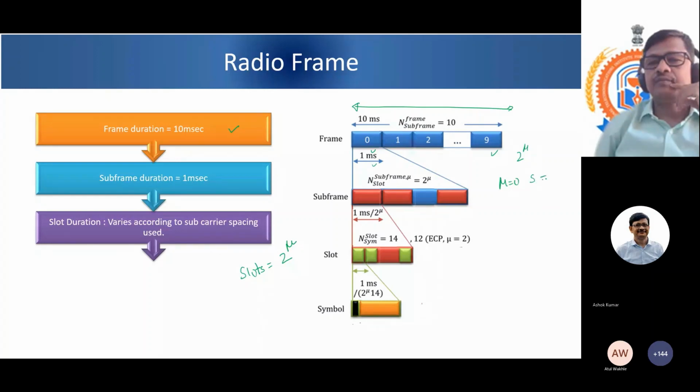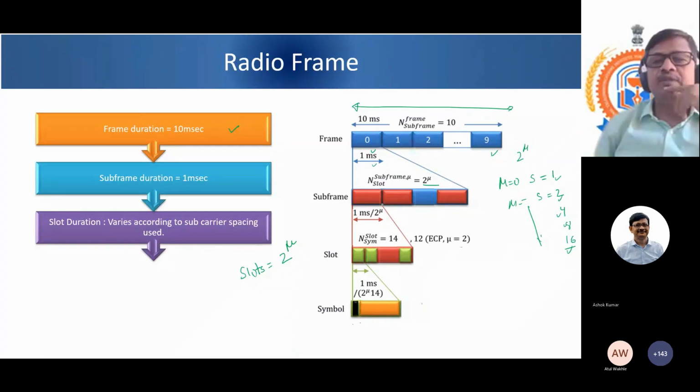How many slots? It is 1. If it is 1, then the number of slots is 2, then 4, then 8, then 16. So you have more slots when you go higher in the numerology number. So this is defined. Then how many symbols?